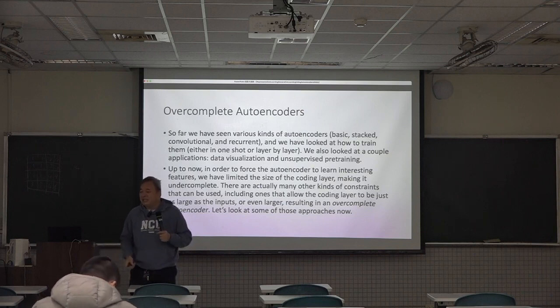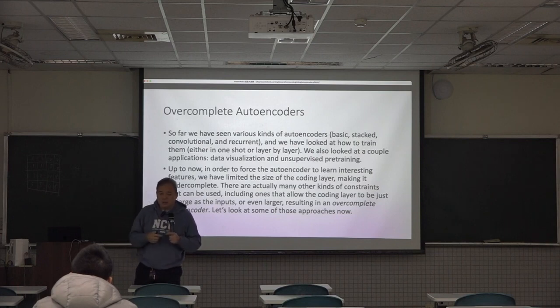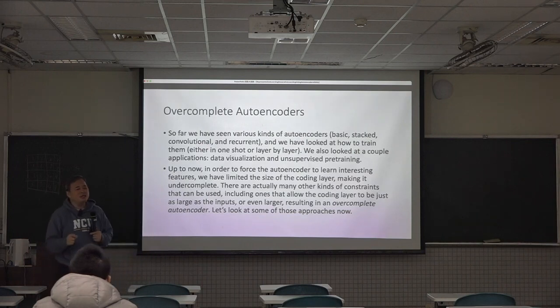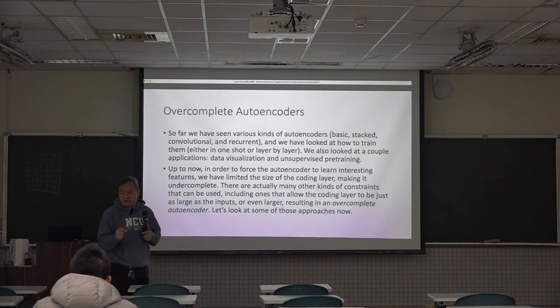So obviously, in such a scenario, the difficulty of reconstructing the input doesn't come from the dimension of the coding. So we have to inject some other difficulties in order for this autoencoder to learn something.